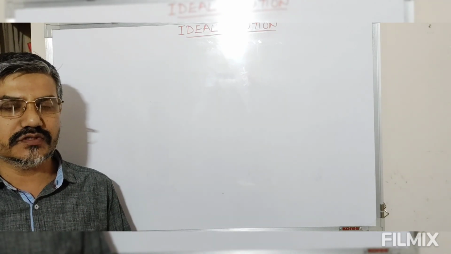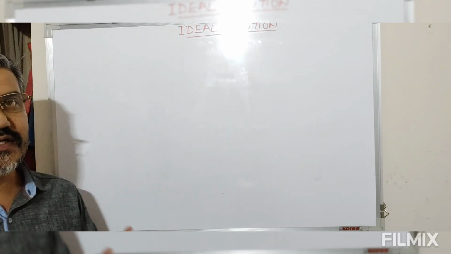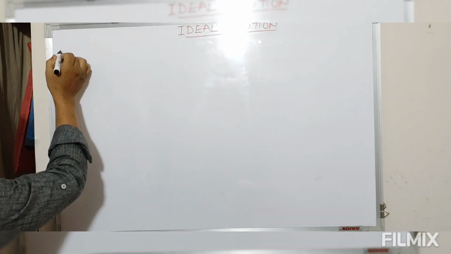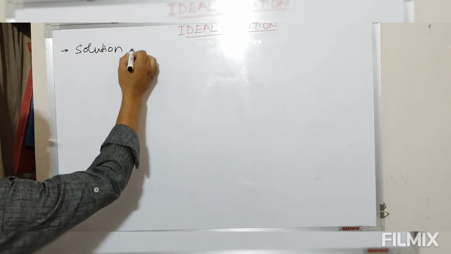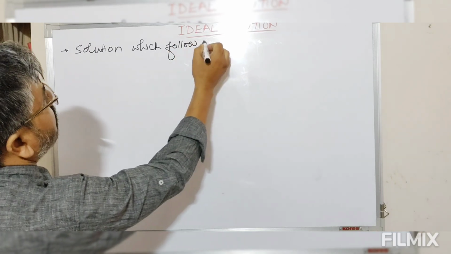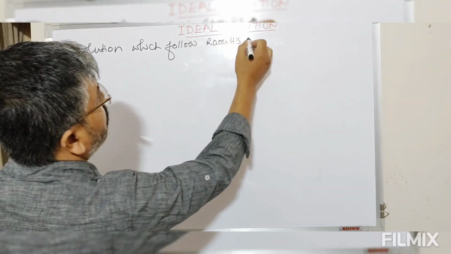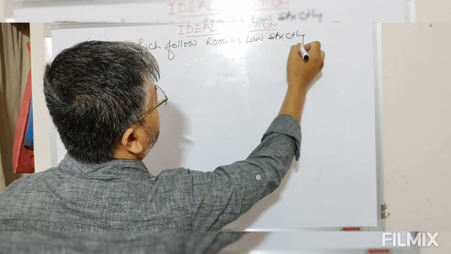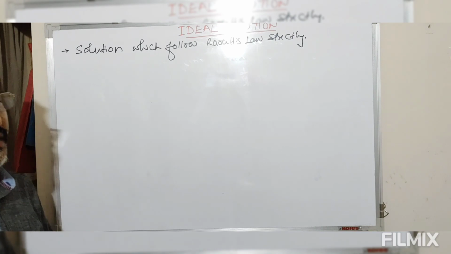So those solutions in which the Raoult's law is strictly followed, those solutions are known as ideal solutions.